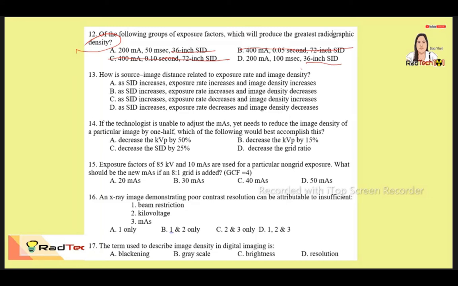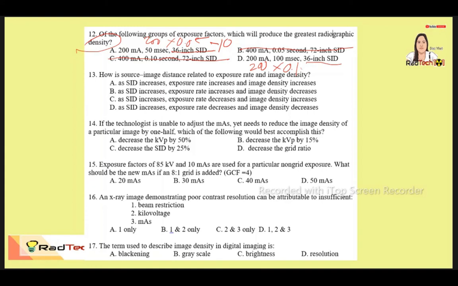So, this is 200 times 0.05 and this is 200 times 0.1. Okay, so, alin sa kanila yung pinakamataas na density? Pinakamataas na MAS. So, 200 times 0.05, that is 10 MAS.